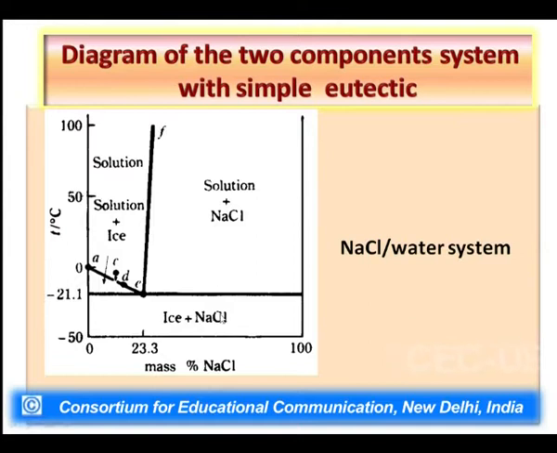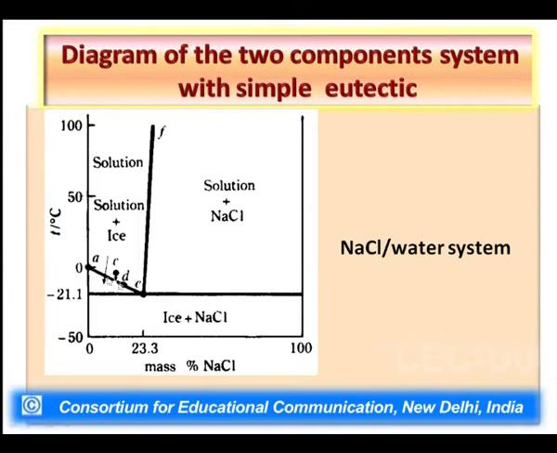Now, sodium chloride melting point would be more than 1000 degree Celsius, so this is beyond this range. You can see this liquidus curve for sodium chloride moving upward, and somewhere it will take a turn and ultimately meet the axis which is meant for sodium chloride.